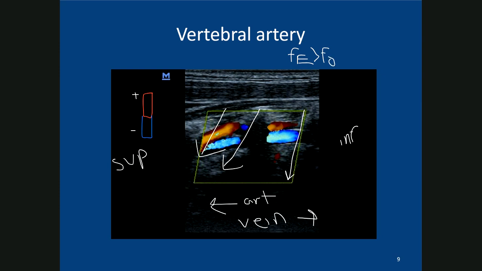Okay? That's what the machine reads. It says if FE is greater than FO, then it's told, because it's programmed this way, then positive. So whatever color is positive will be filling in the positive shift.